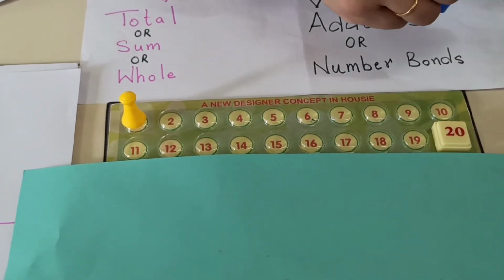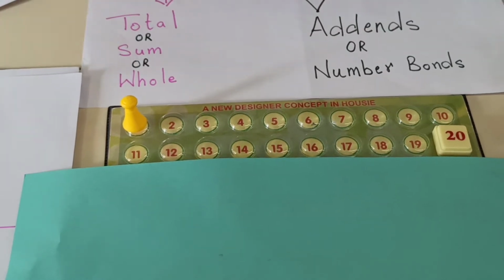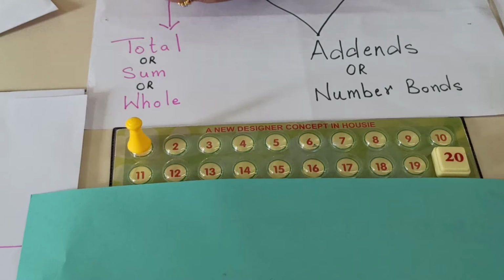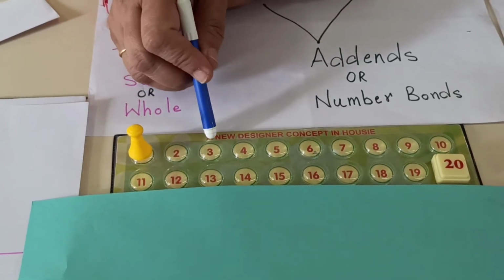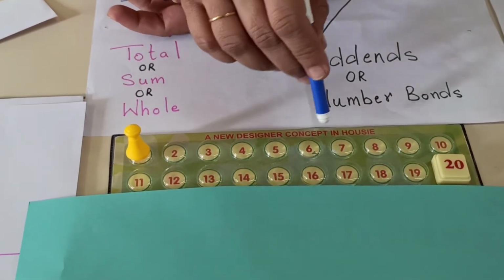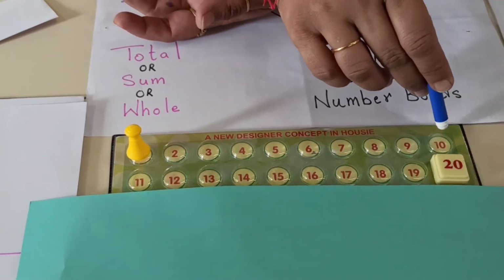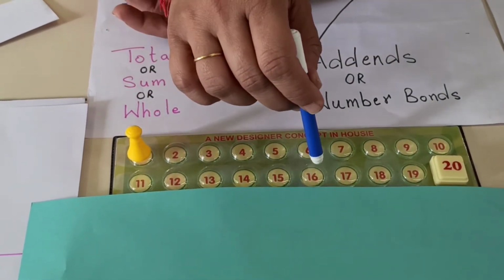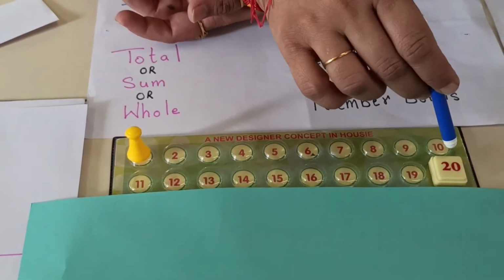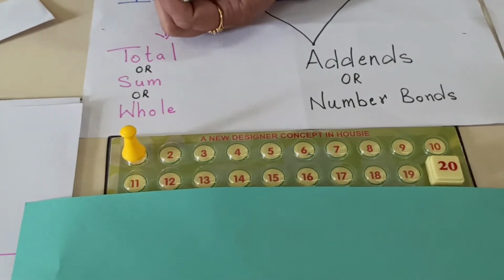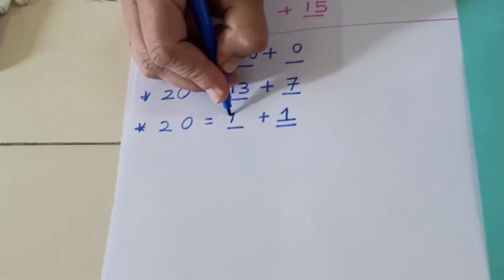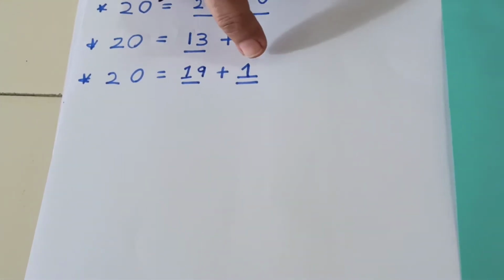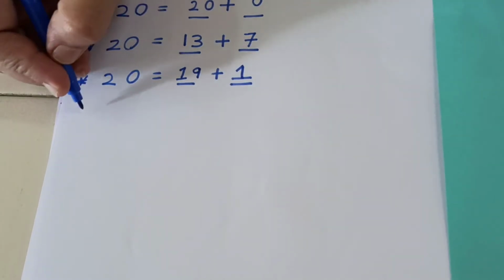Yes, you have to start counting from 2. Okay, is it forward counting or backward counting here? It is forward counting. Okay, very good. So 1, 2, 3, 4, 5, 6, 7, 8, 9, 10, 11, 12, 13, 14, 15, 16, 17, 18 and 19. That means this addend is 19. 19 plus 1 is also 20.